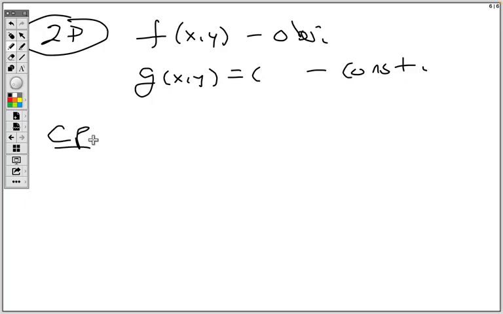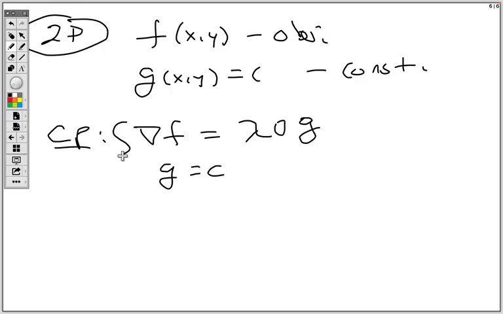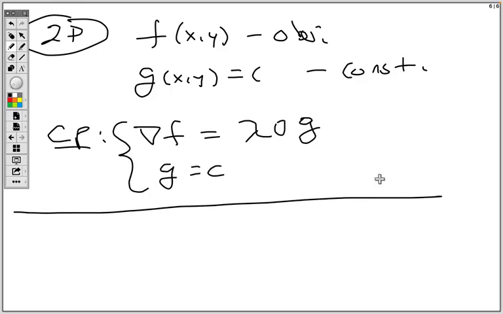For the critical points, you're looking where the gradients are parallel. Okay. If you just look at this equation, you can generalize it to however many variables you want.